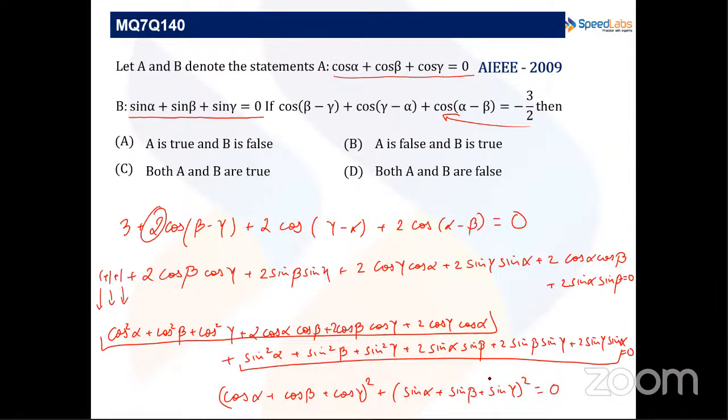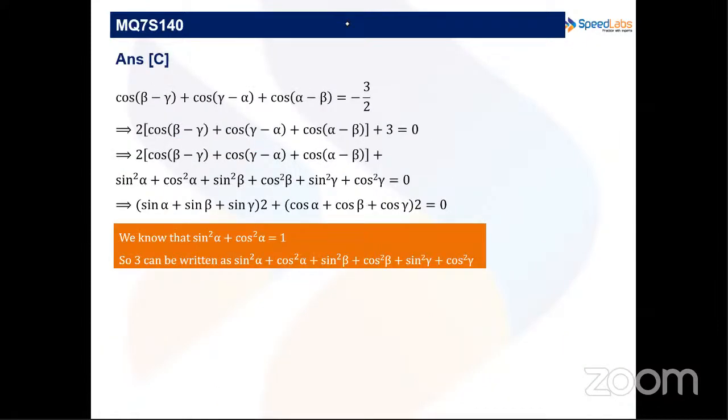So both are correct statements, because if the sum of two squares is 0, then both the values should be 0. Then only you can add up to get the value 0. Got it? Moving to the next one.